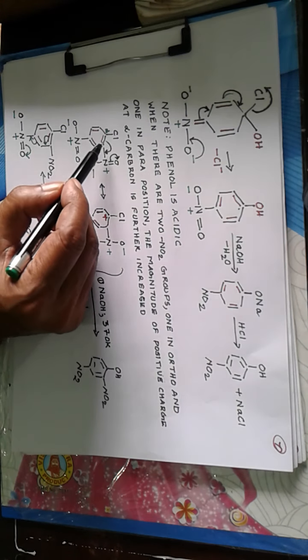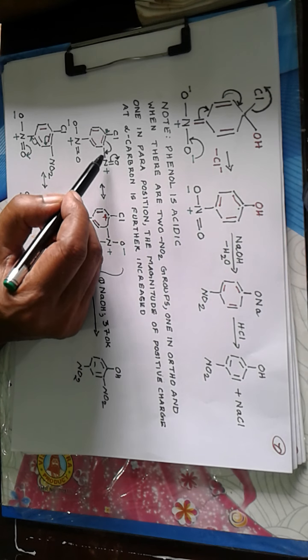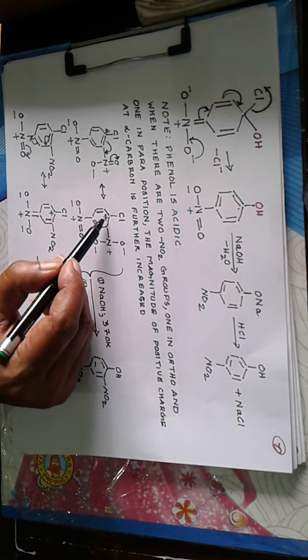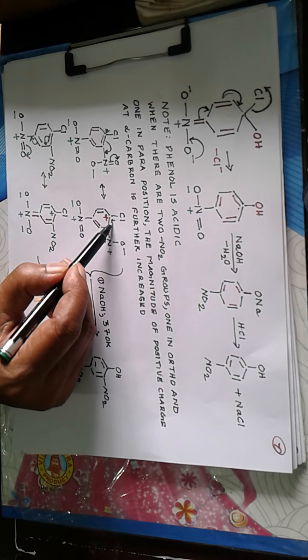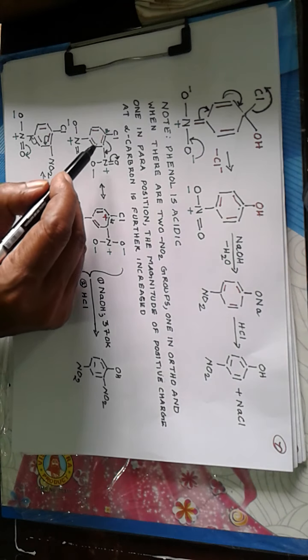A lower temperature can affect this reaction because the two nitro groups, this nitro group will create a positive charge here by shifting this electron and shifting this electron. So you get a positive charge at the alpha carbon. Now again the magnitude of this positive charge is increased by the mesomeric effect of the nitro group, so that electron pair is driven in this direction.